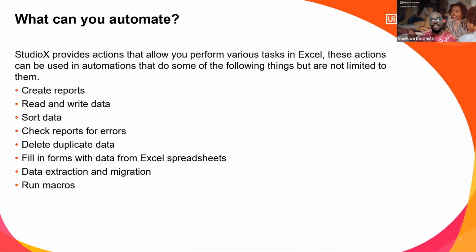Now, what can you automate? Just like I've said, creating Excel reports: you can have bots that will create Excel documents for you. You can read and write data from Excel files. You can sort Excel data. You can use robots to check for errors in your reports. You can use UiPath StudioX to delete duplicate data.